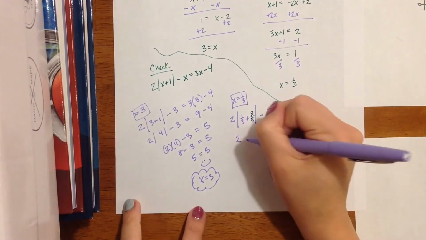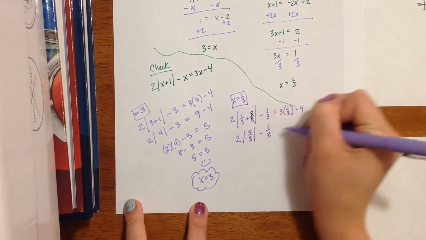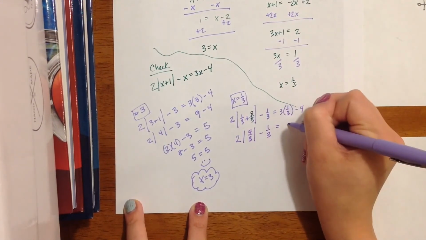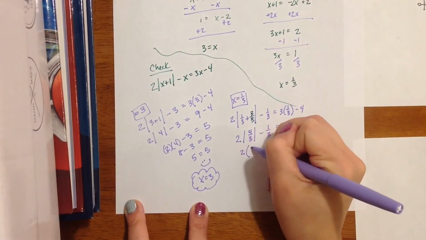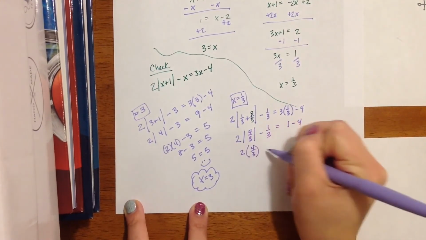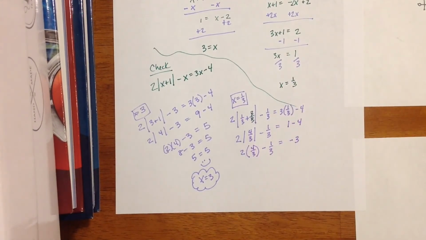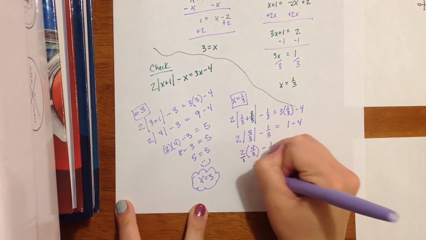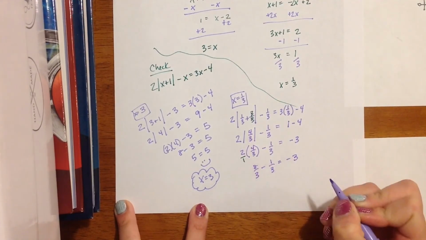So I have the absolute value of 4/3 minus 1/3 equals 3 times 1/3 is just 1 minus 4. Absolute value of 4/3 is just 4/3 minus 1/3. I have a negative 3 over here. I'm going to make this 2 over 1 to make my calculations easy. I see that I'm going to get 8/3 minus 1/3 should give me negative 3.